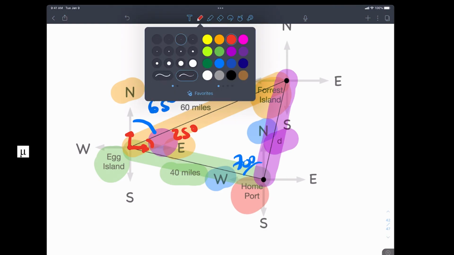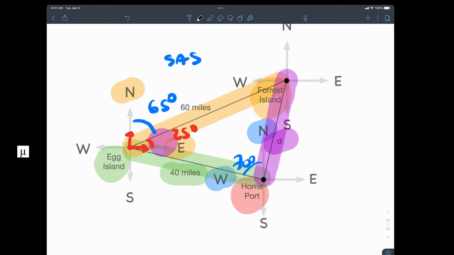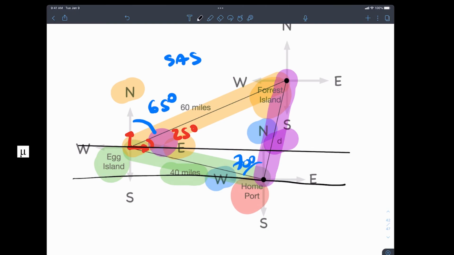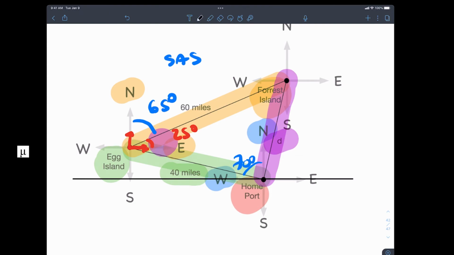Okay, I'm going to have to change colors. There's a horizontal line. Let's see if I could do 2 horizontal lines, okay? See if you guys can understand my point.